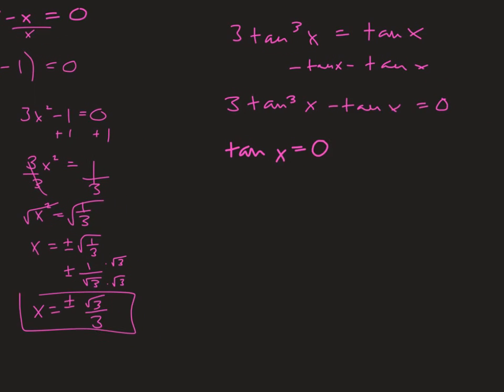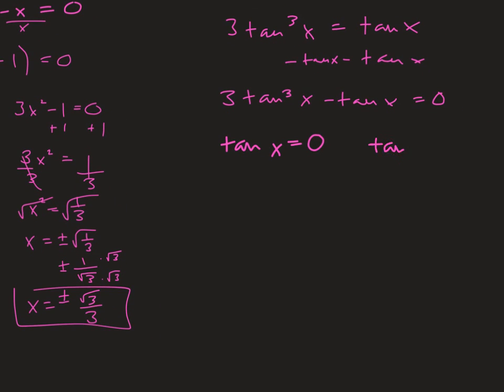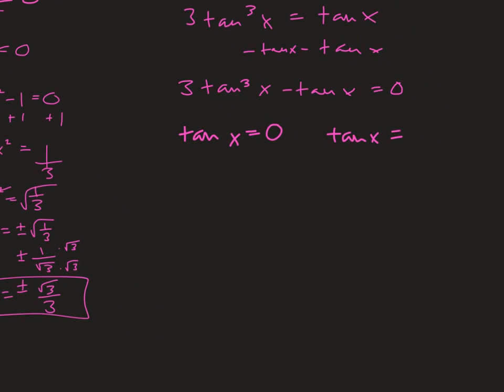So tangent of x is equal to 0, and tangent of x is equal to plus or minus square root 3 over 3. So we need to go to our unit circle, find when tangent of x is equal to 0, and tangent of x is equal to positive or negative square root 3 over 3. So our first answer would be x is equal to 0, and x is equal to pi.